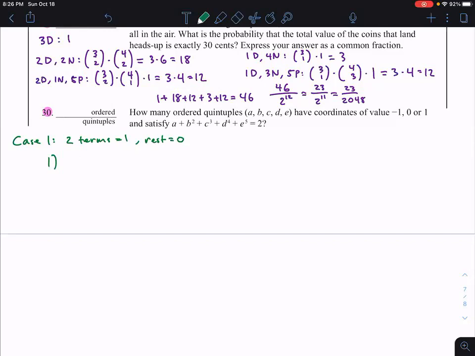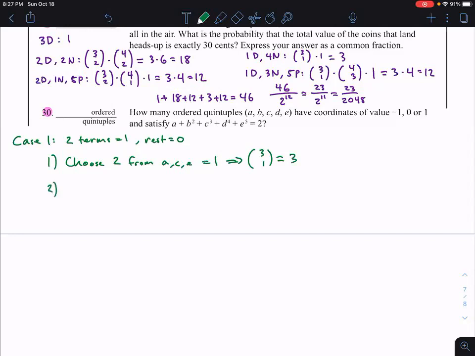Choose 2 from A, C, or E to be equal to 1. To do this, you basically just have to choose which one is actually equal to 0. So you just do 3 choose 1, and that's equal to 3.